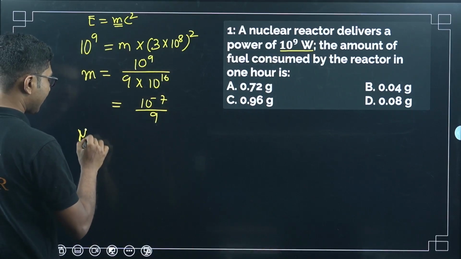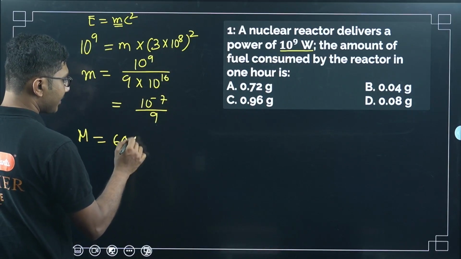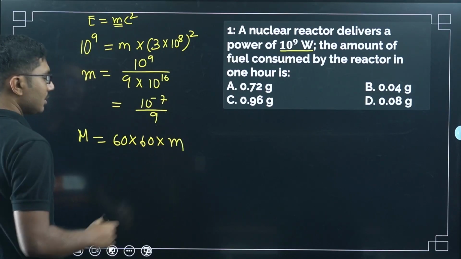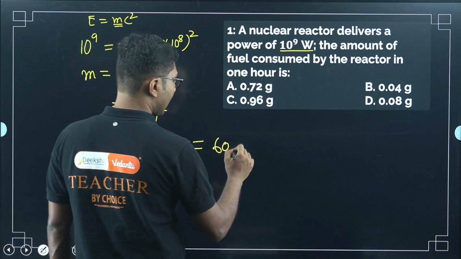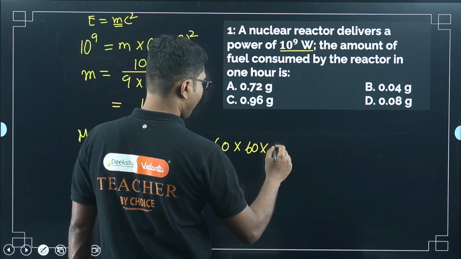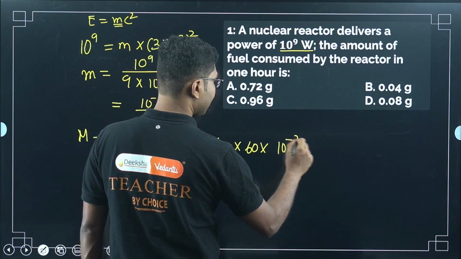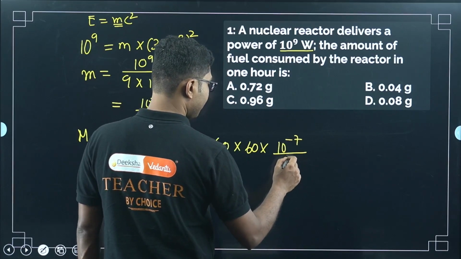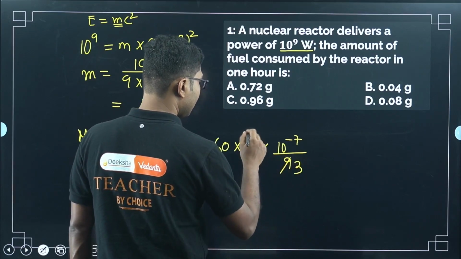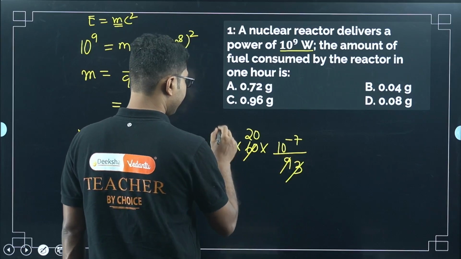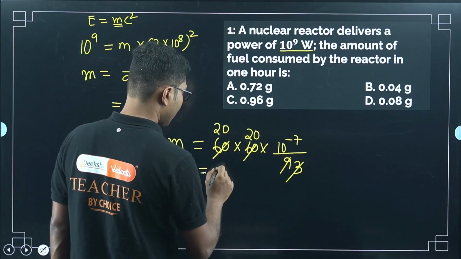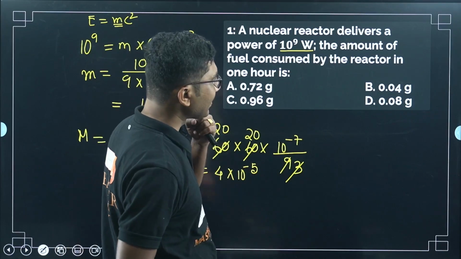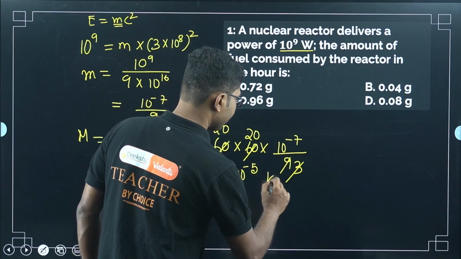Say that mass is capital M. That mass will be 60 times 60 times 10 to the power of minus 7 divided by 9. 3 3s are 9, 3 20s are 60, 3 20s are 60. Now it will be 4 times 10 to the power of minus 5 kilograms.